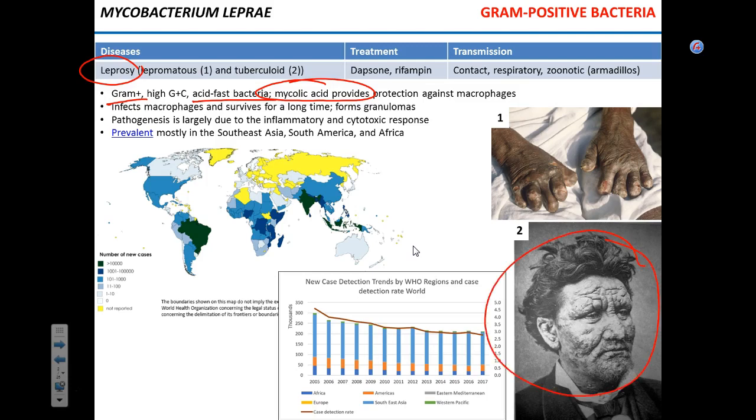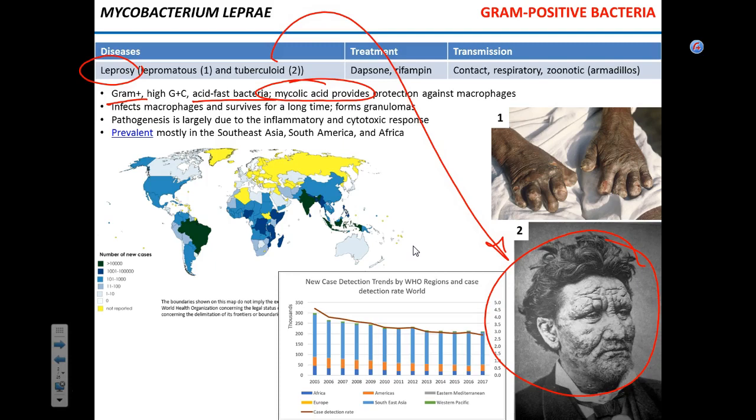So this form of leprosy is called the tuberculoid form. Now this is a more self-limiting, more benign form. I mean, it is disfiguring, but in patients with this form, usually you can find multiple granulomas in different tissues, but it does not affect the tissue function or tissue structure that much.